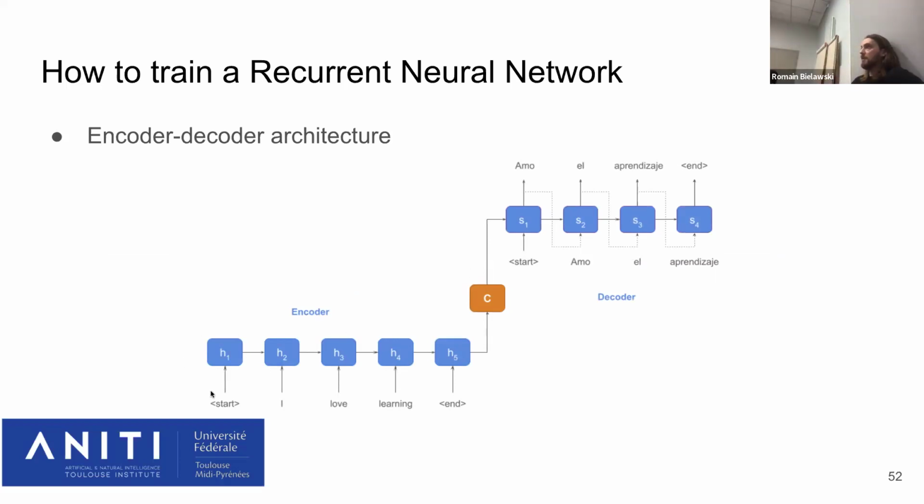You have a sentence that you input, you get your vector, and you don't care about any output for now, right? The encoder and the decoder are two different neural networks. They're just both recurrent, but it's not the same network, just to be clear. So you basically pass on the hidden state. You add new words until you reach the end of the sentence.